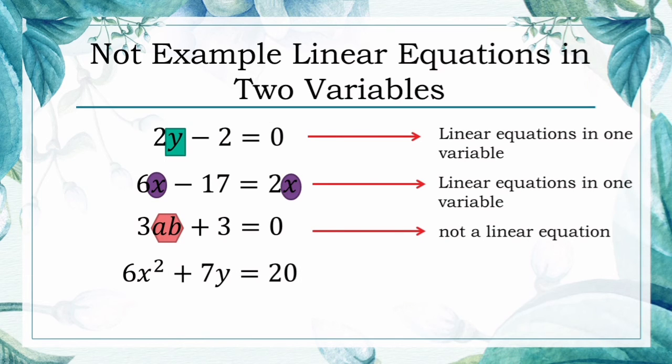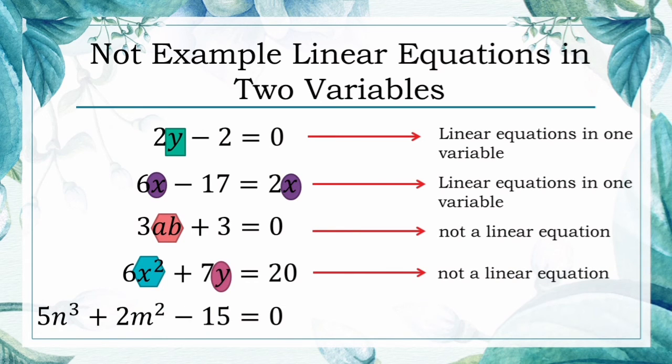Number 4. 6 times x to the power of 2 plus 7 times y equal to 20. This expression is not a linear equation because the highest index of power of the variable x is 2.